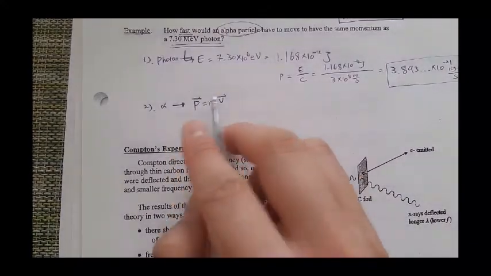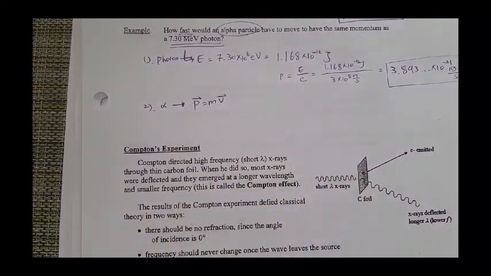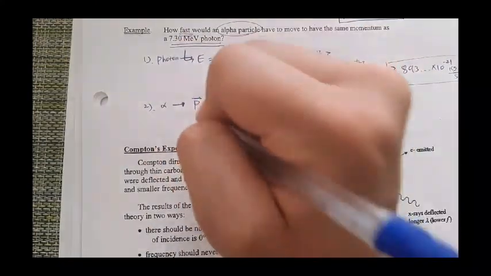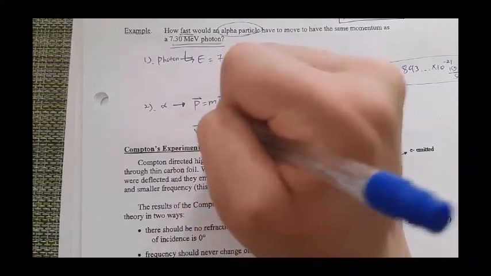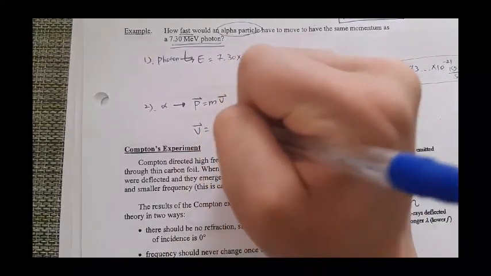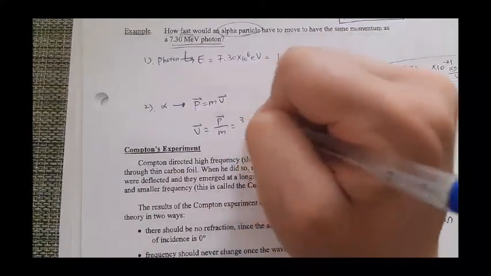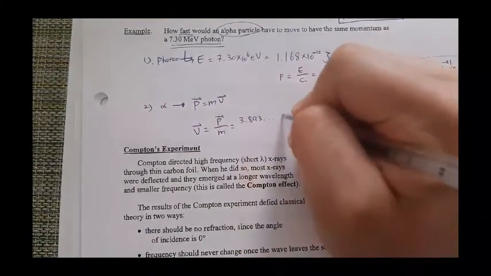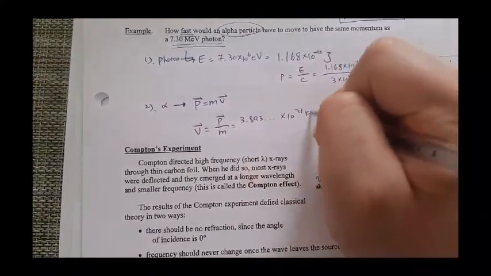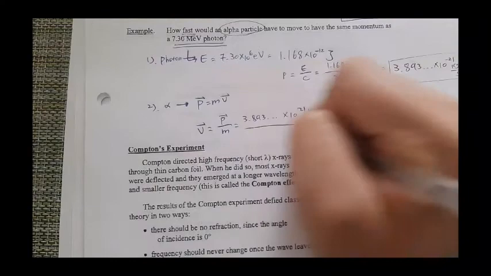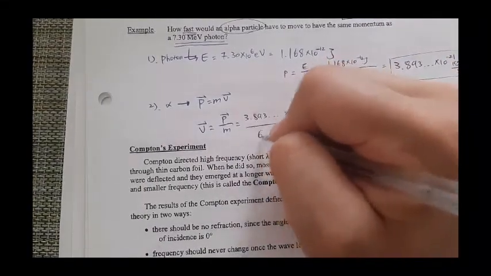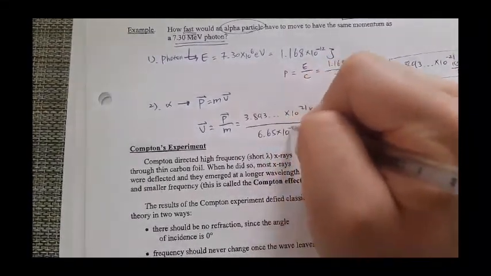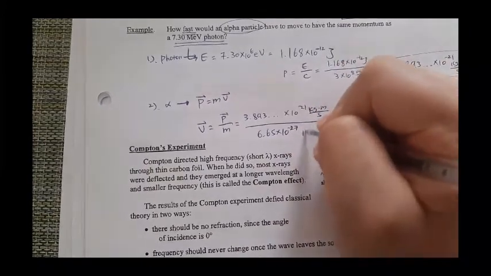And honestly, you can get rid of these arrows at this point, but I'm going to use it the traditional way. v = p over m. And the mass of an alpha particle is 6.65 × 10⁻²⁷.